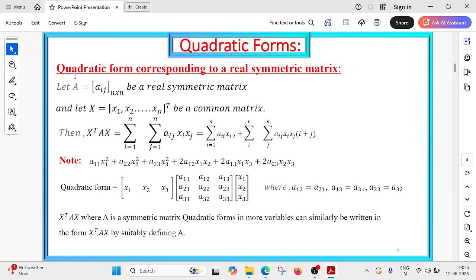Next, the quadratic form corresponding to a real symmetric matrix.